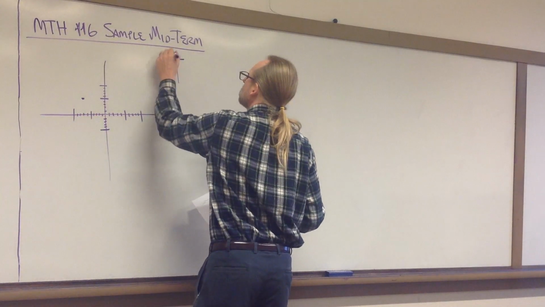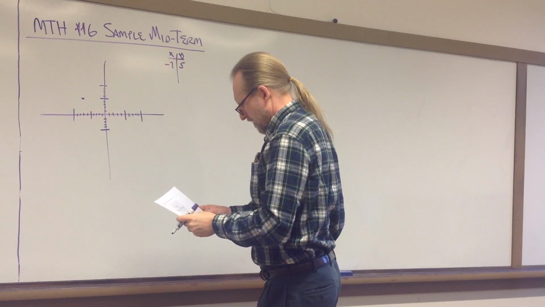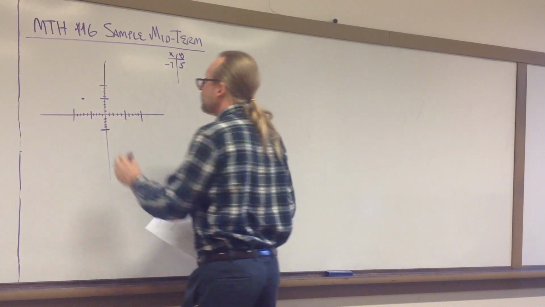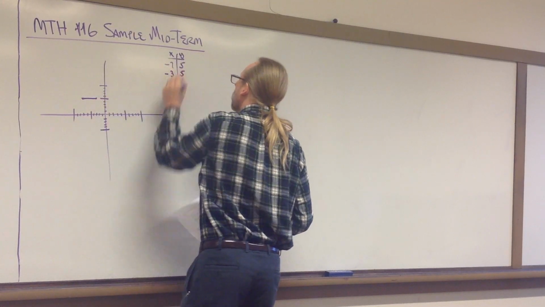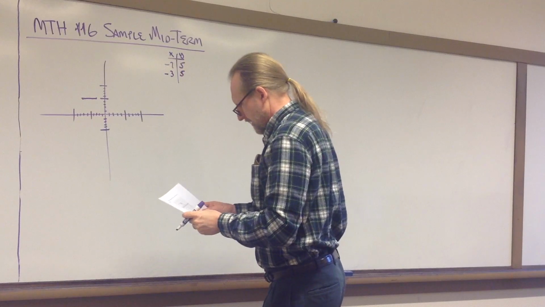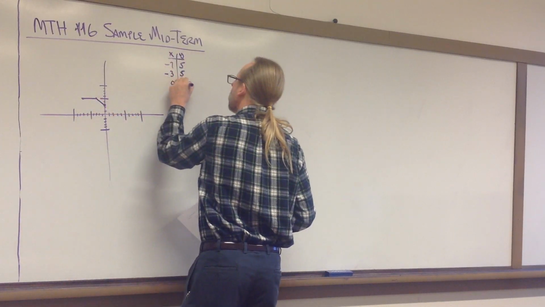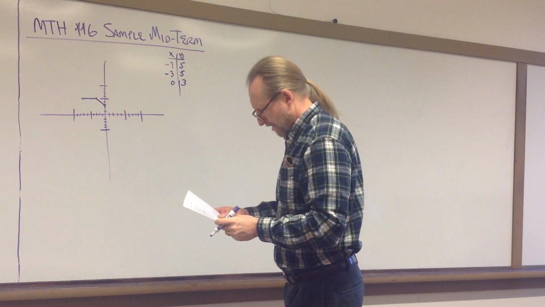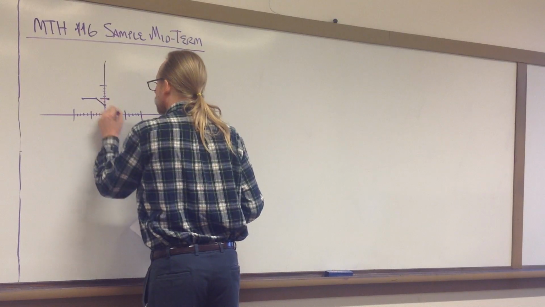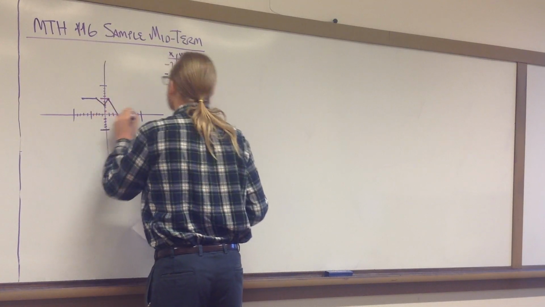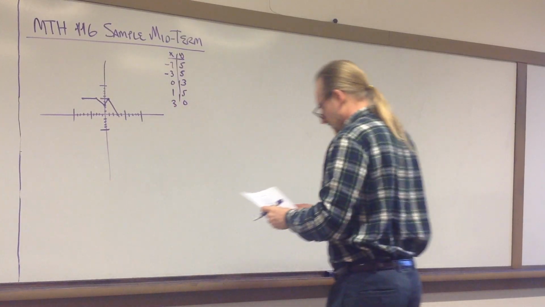And let me make a little table here. -7, 5. -3, 5. And then 0, 3. One, 5. And 3, 0. So it goes up and then down.